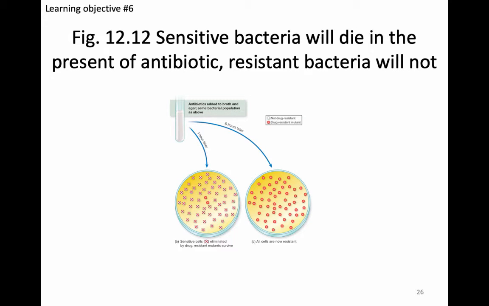What will happen is all of the drug sensitive will be killed off and the drug resistant will now have the entire petri dish and all the nutrients to increase in number and make a whole population of now resistant microbes. So this is what can happen in our body. We can have some microbes that are resistant. We take antibiotics, kill off the sensitive ones, and then the resistant ones can take over.